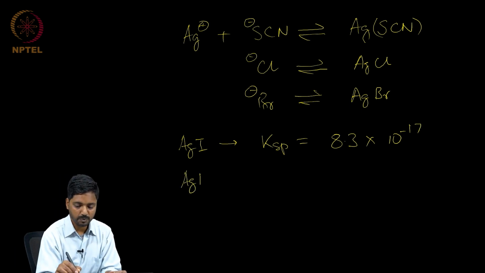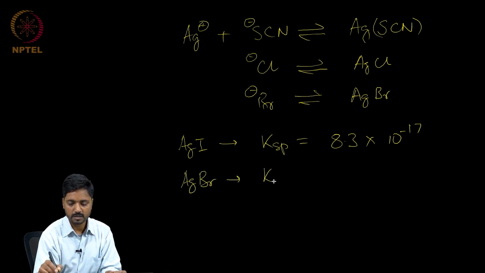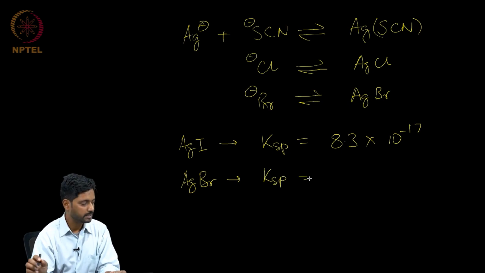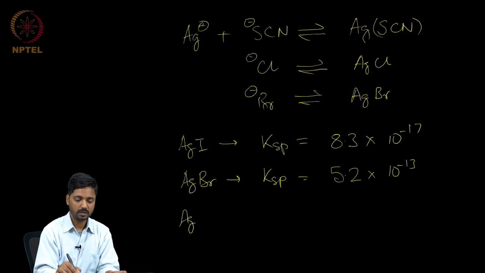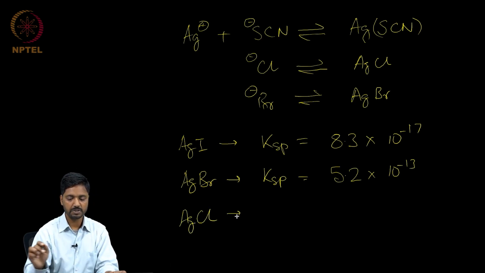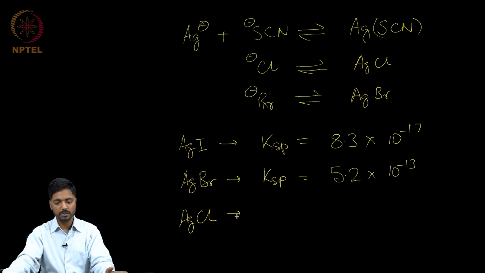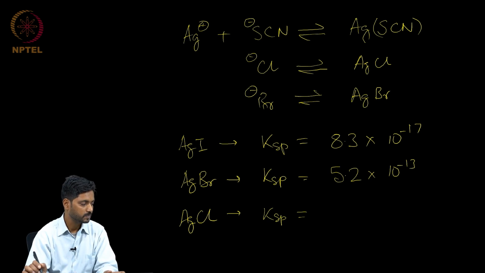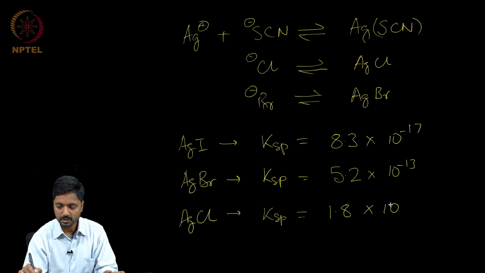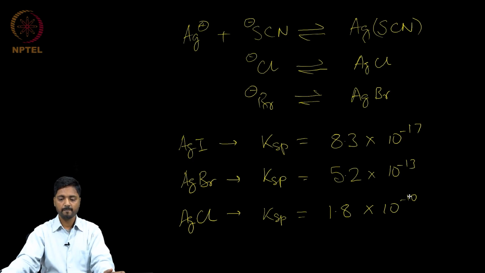Similarly, for silver bromide, the solubility product is a little higher at 10 to the power of minus 13. For silver chloride, which is what we usually use when we are testing the purity of our distilled water, we see the solubility product as 1.8 times 10 to the power of minus 10.